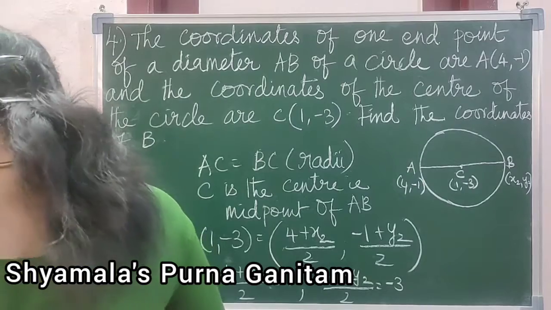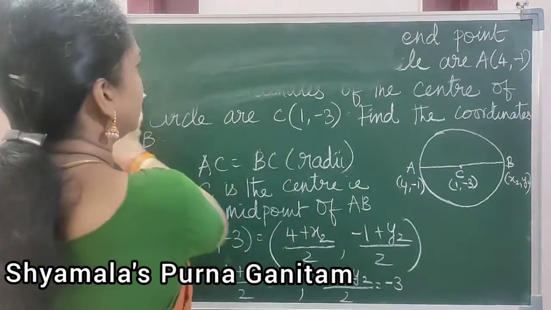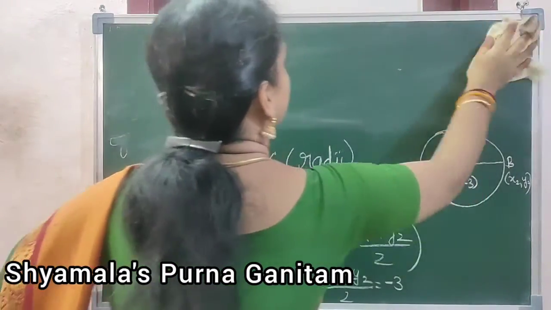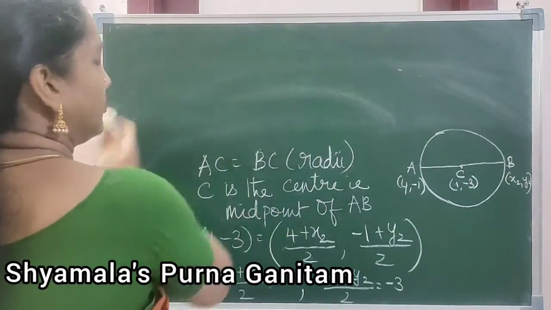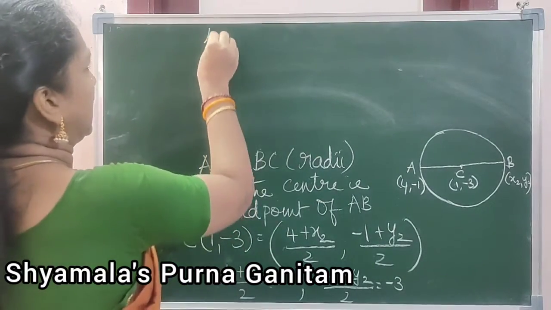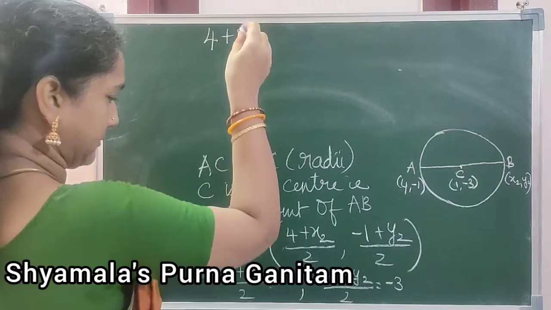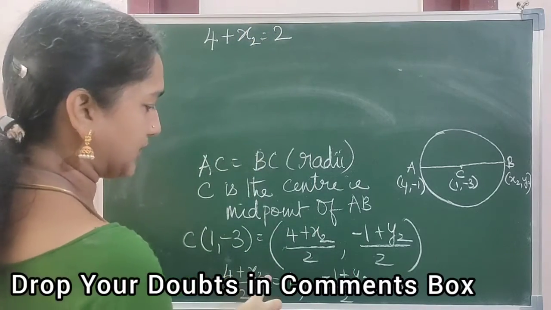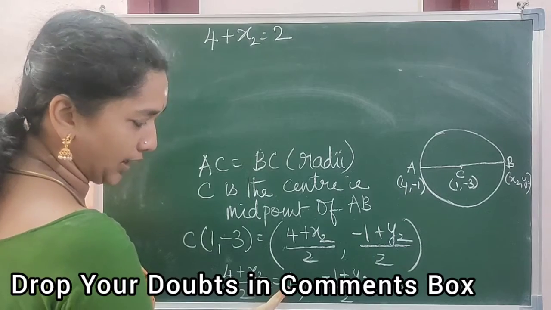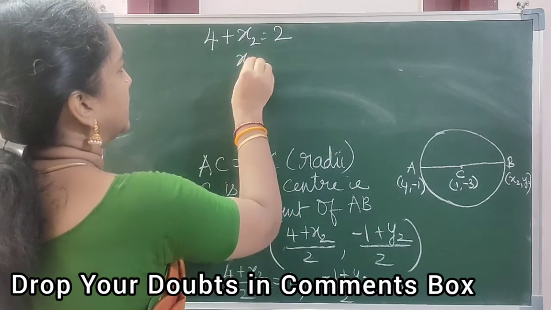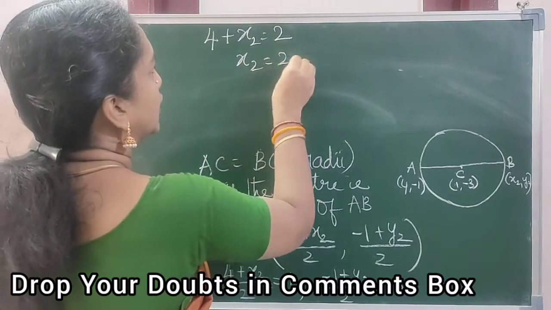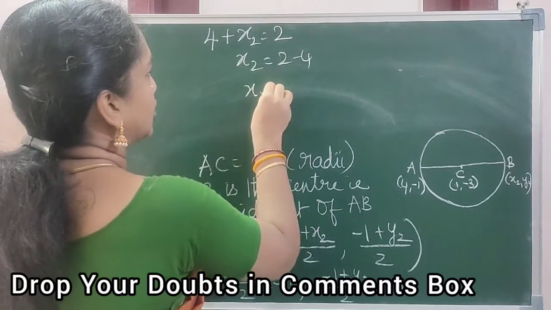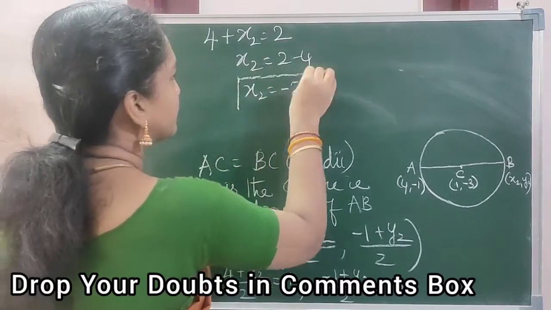Okay, so now simplification, that's all. So 4 plus x2 is equal to 2 into 1, which is 2. When you cross multiply, you will get this. So x2 is equal to 2 minus 4. So x2 value is minus 2.